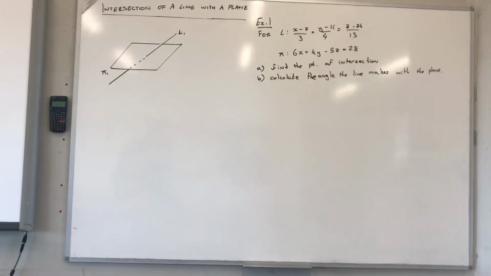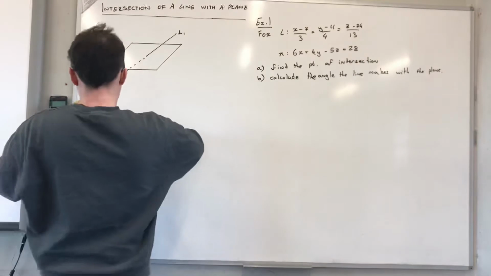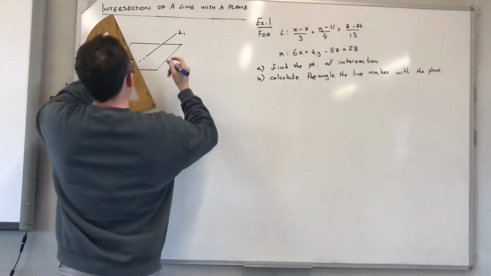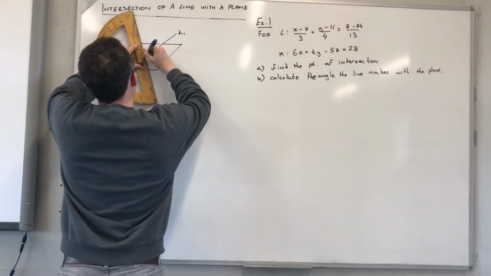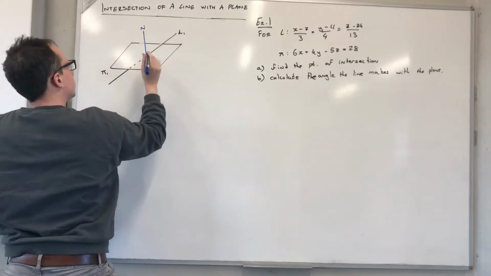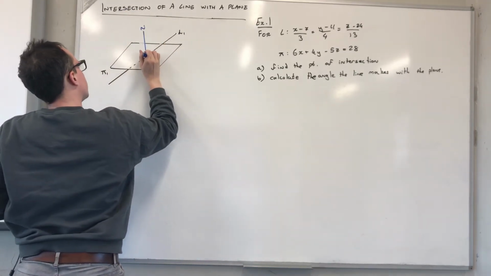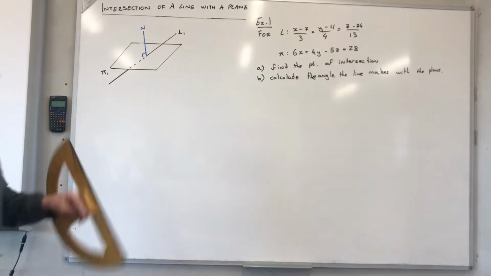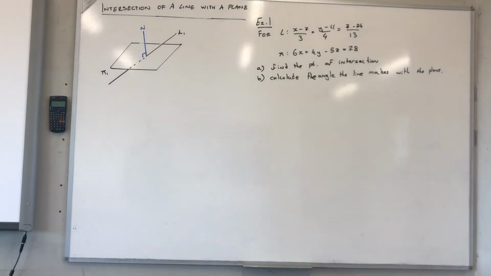So we consider the plane, and remember that part of the plane is the normal to it. So I'm going to draw that one. It might be a bit difficult to see, but the blue line is the normal vector to the plane.